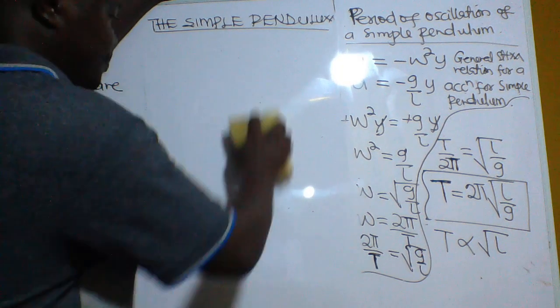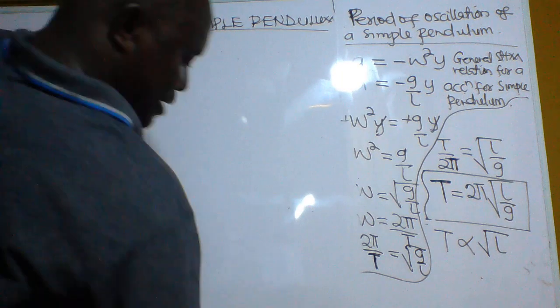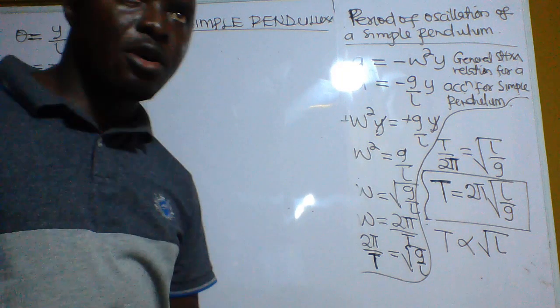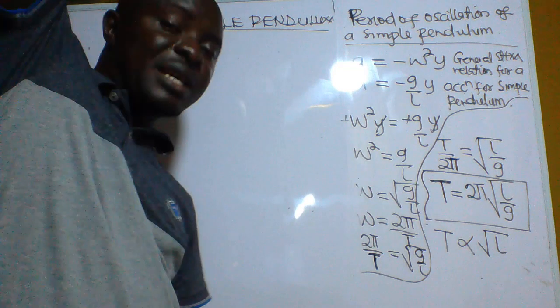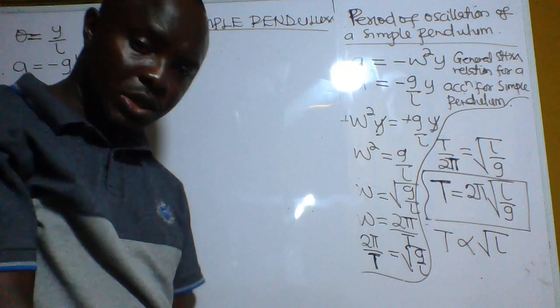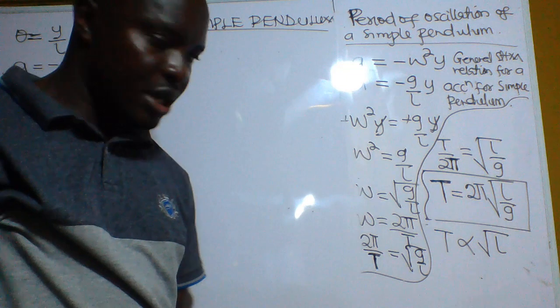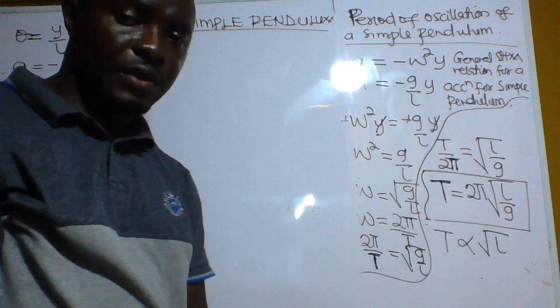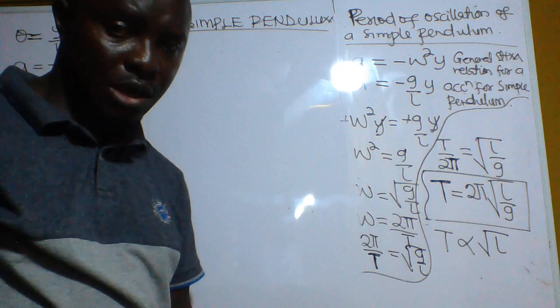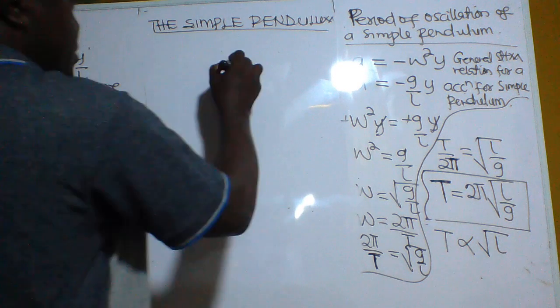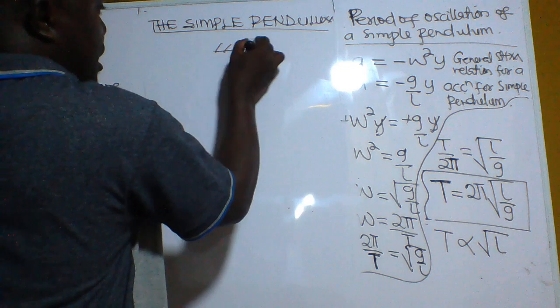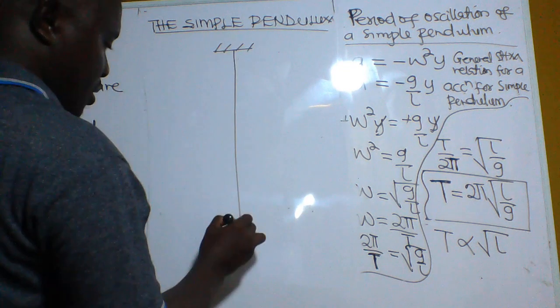Assuming one is asked to determine the length of the wire or of the conductor from the ceiling top to wherever it is, you can apply this concept of the simple pendulum to determine it. And how do you do that? Yes, we are talking about a wire connecting a bulb.